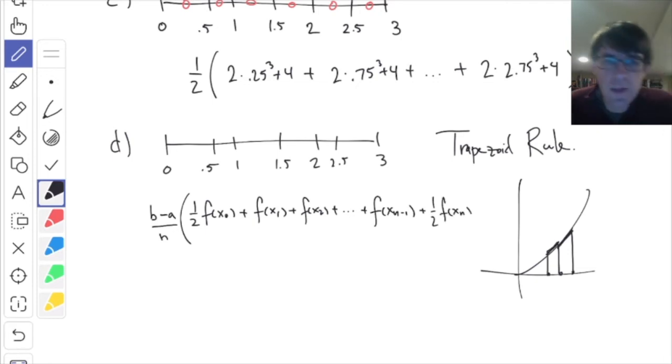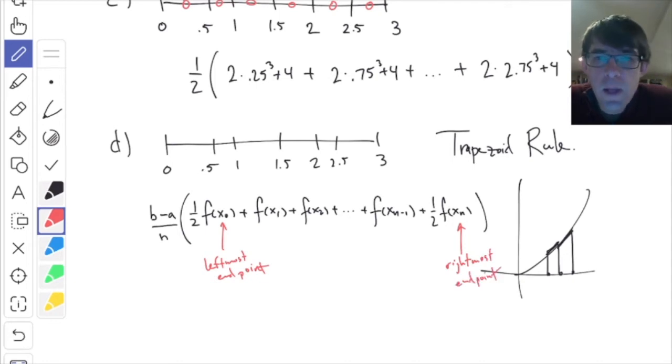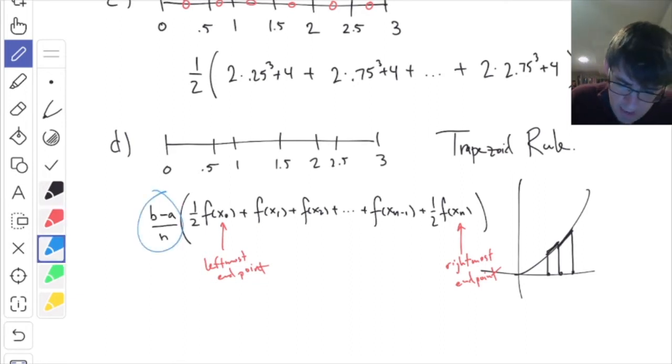So what the little x, x0, x1, x2 mean: this one is the leftmost endpoint, right? This is the rightmost endpoint, and all the other ones are in between. What's important about the formula is the b minus a over n out front, and then these 1/2s.